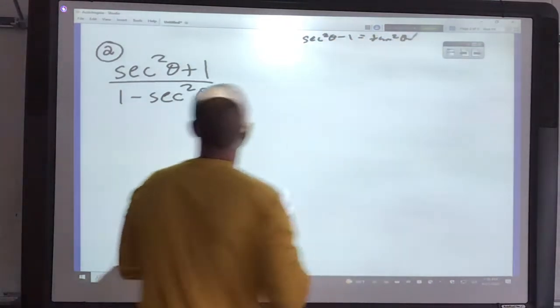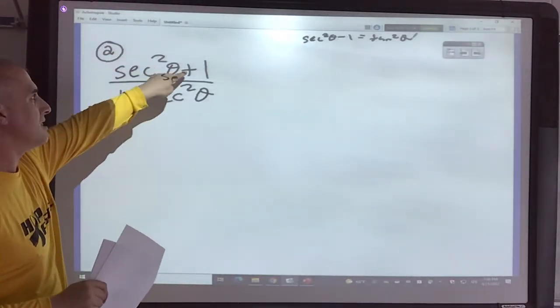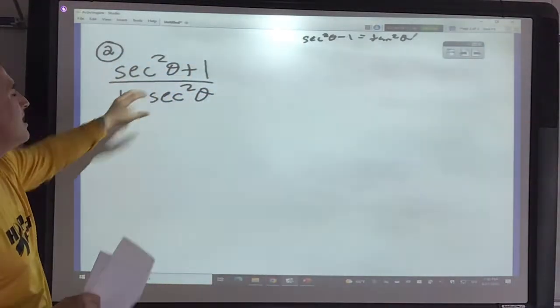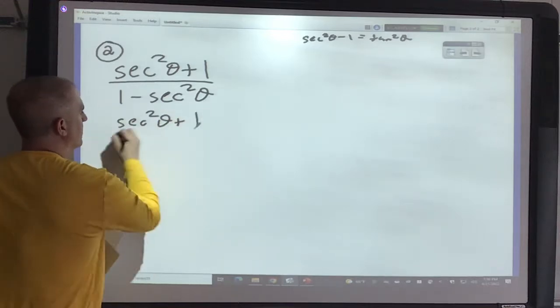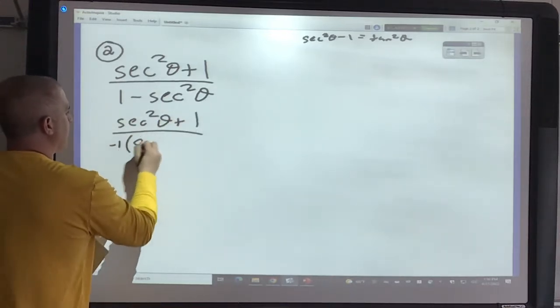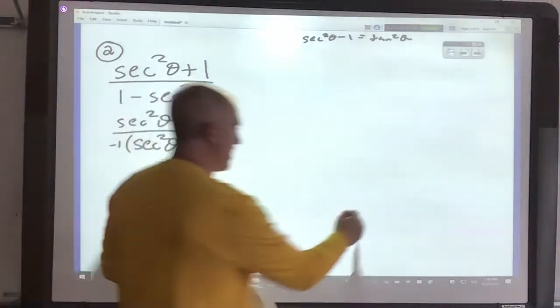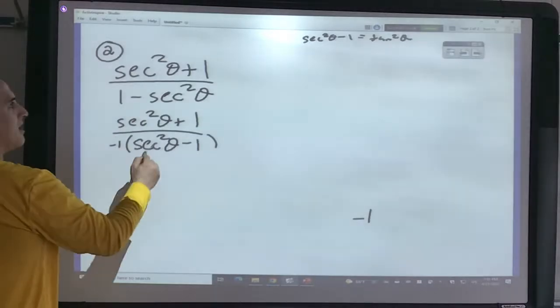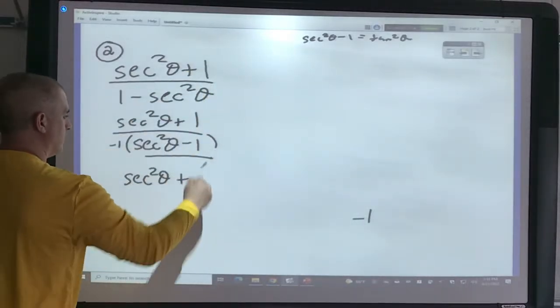Here's my point: I can't change this one. This plus can't become a minus, so that's going to stay. This I can take out a -1 on. So that stays here. I have a -1, and now I can flip this around to be this. Once again, because I have that -1, I'm going to put that down here for my answer. So this is going to substitute out to be tangent.